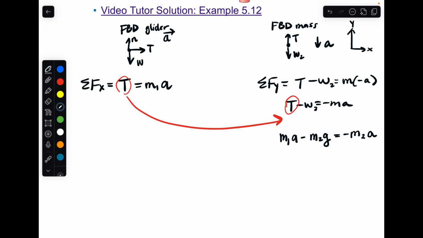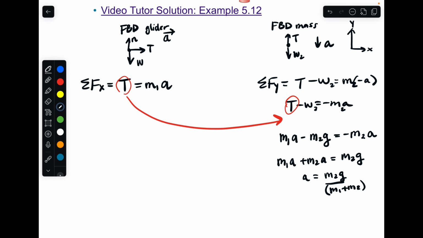This is M2, the mass of the mass. So now I'm going to solve for the acceleration. I'm going to combine my terms and move everything over. You can see that the acceleration of those objects is going to depend on the ratio of the masses. It's going to depend on the ratio of M2 with respect to the sum.